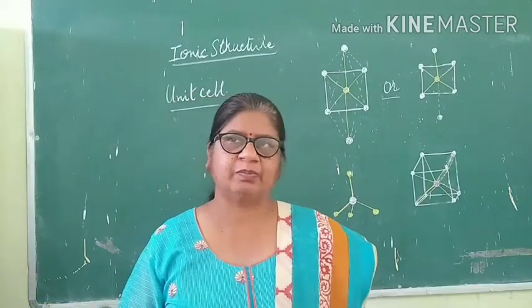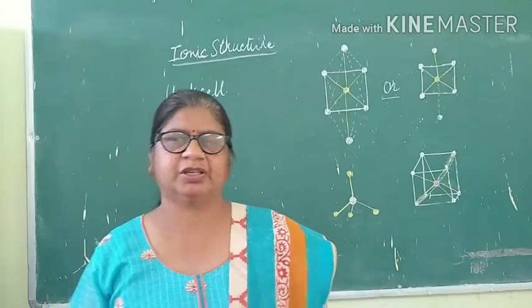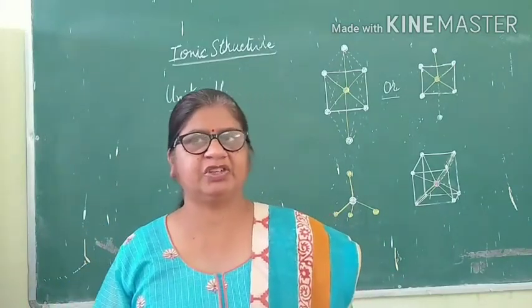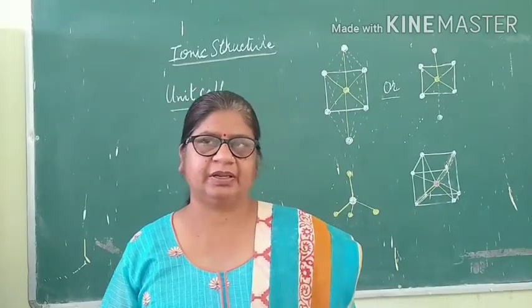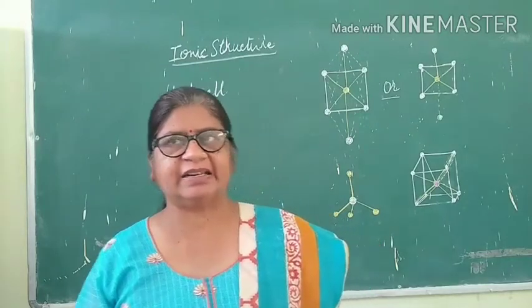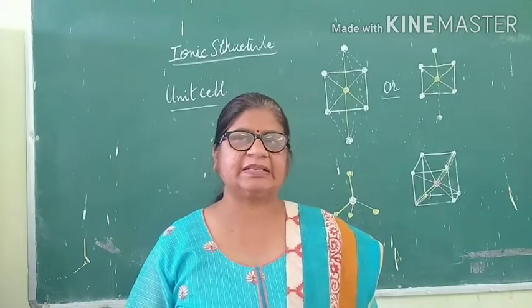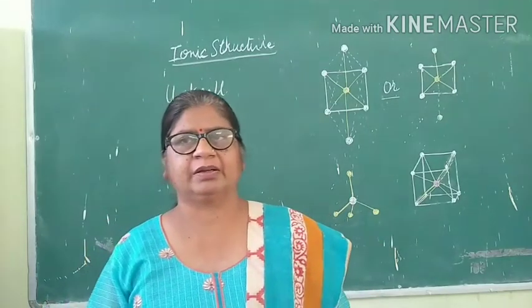The lattice is formed because the ions attract each other and form a regular pattern with the oppositely charged ions next to each other. In other words, it can be stated as the basic units repeat again and again to form a crystal.